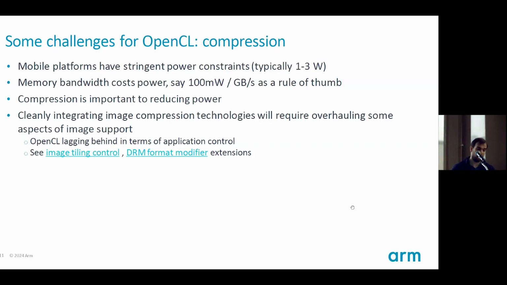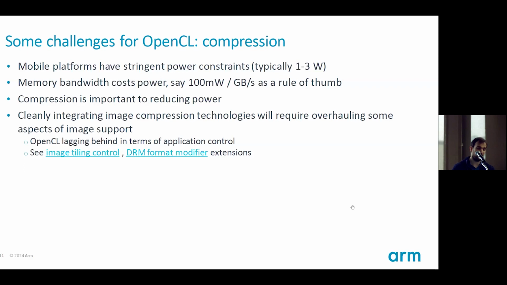A fact that might surprise a number of people is that memory bandwidth itself costs power, and to give an order of magnitude, it's about, let's say, 100 milliwatts per gigabyte per second. So if you're consuming 10 gigabytes per second of memory bandwidth, you're already using a watt of power just to get the data in and out of a GPU.